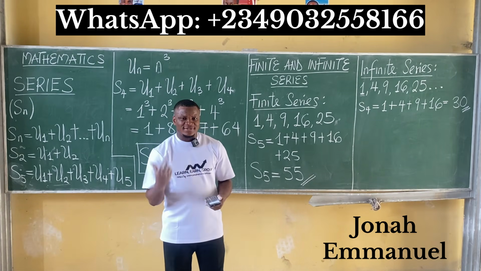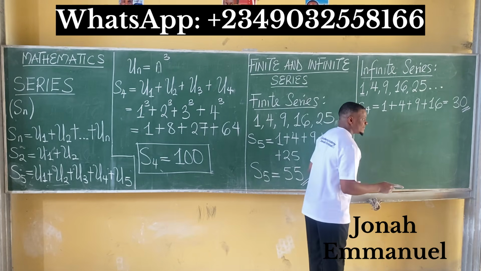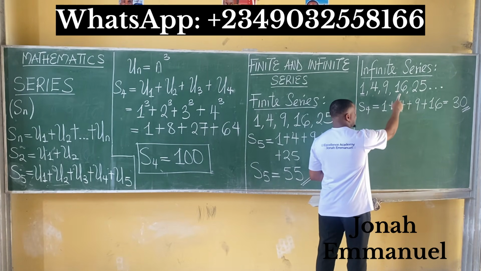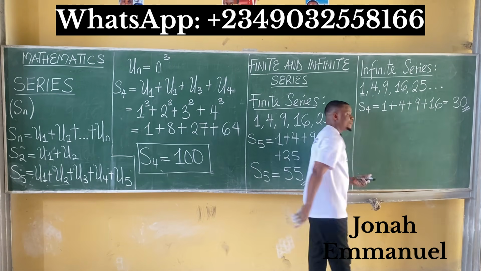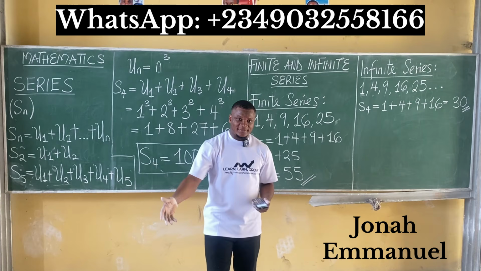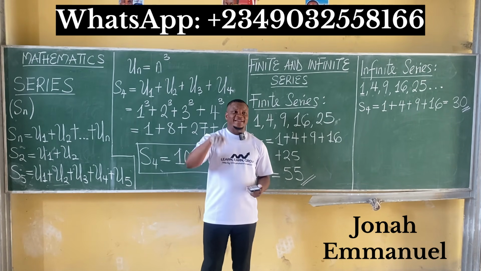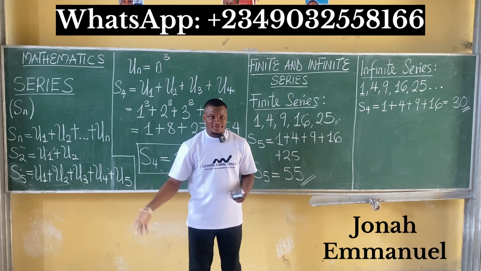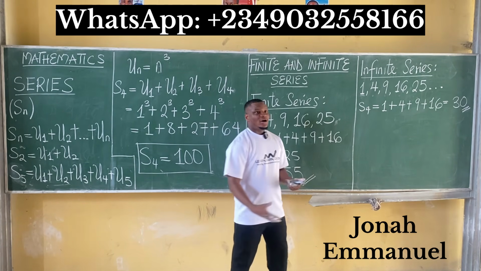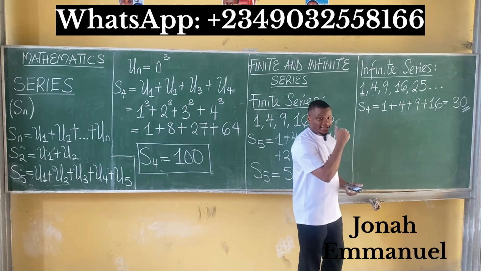It's an infinite sequence, but you're asked to find the sum of the first 10 terms. Now, what you want to observe here is that in this question, you were only given the first 5 terms: 1, 4, 9, 16, and 25. But you're asked to find the sum of the first 10 terms, which means I have to get an additional 5 terms that I will have to add to these 5 terms to give me 10 terms.